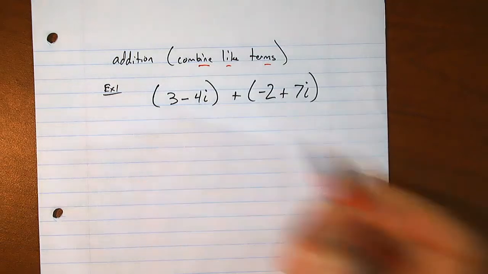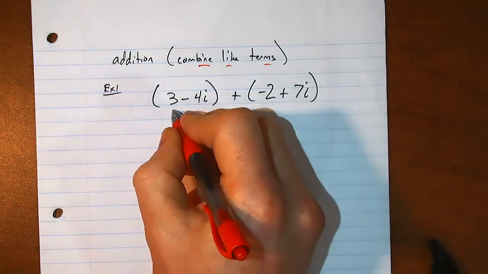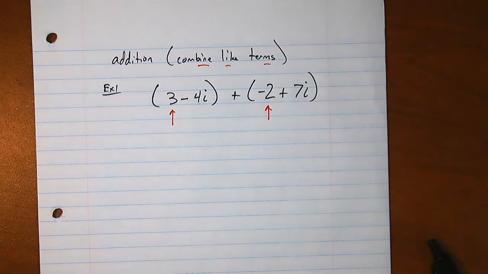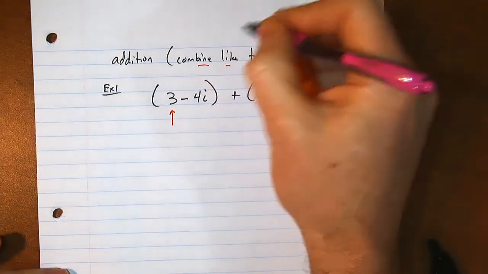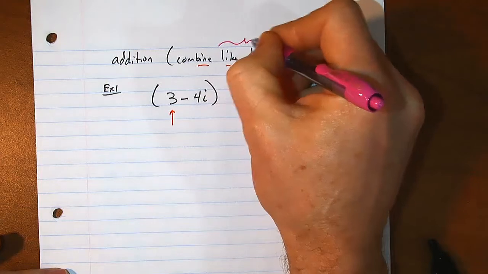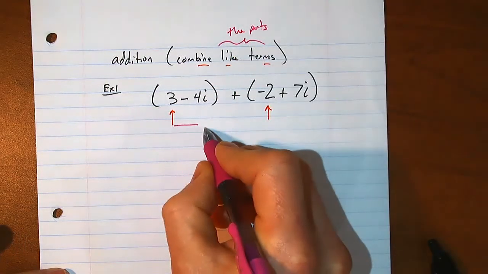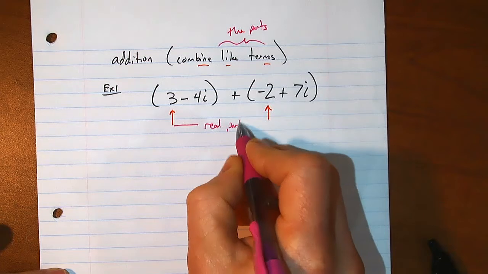So right here and right here, these things are like terms. They're like terms because they don't have a variable. Or maybe a different way that you might think of this, instead of combining like terms, is we might say combine the parts, because remember, these are both real parts, right?